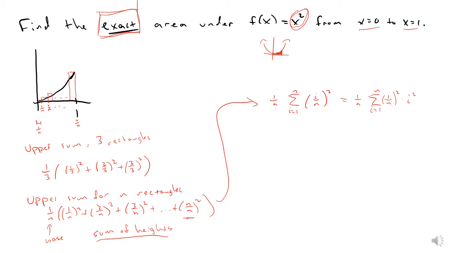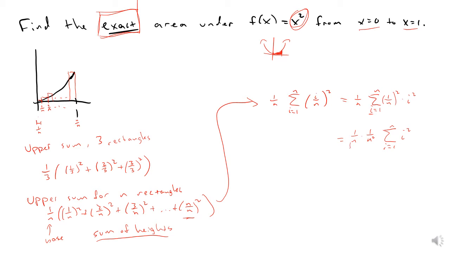Now something you need to understand here is n is a constant as far as the sum is concerned. The sum is adding up over the index i, and this 1 over n is just the number of rectangles that we're using. So as far as this sum is concerned, 1 over n squared is a constant, and constants can come outside of sums. So this is 1 over n times 1 over n squared, and then we've got our sum from i equals 1 to n of i squared.